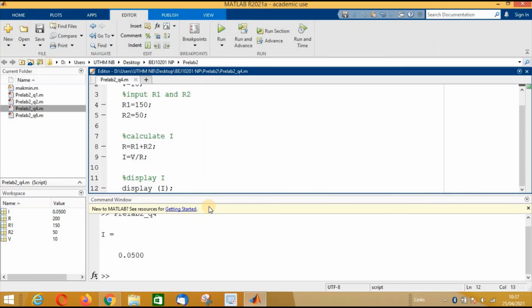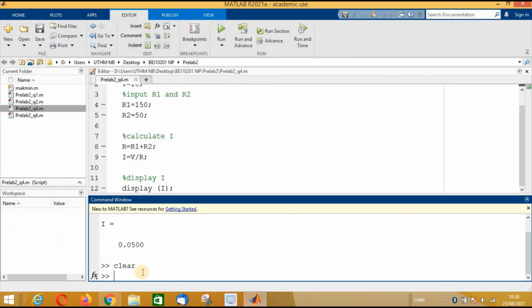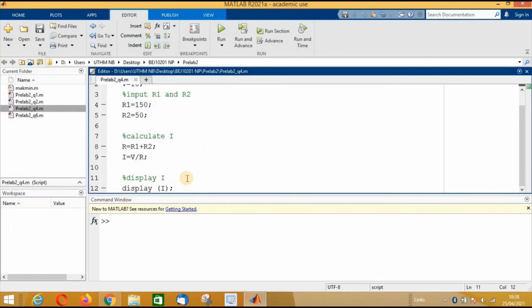But now I would like to show you how to display the value of I in the message box. Alright, so I clear this one first. Right, then here I would like to state here that I will display the value of I in the message box.